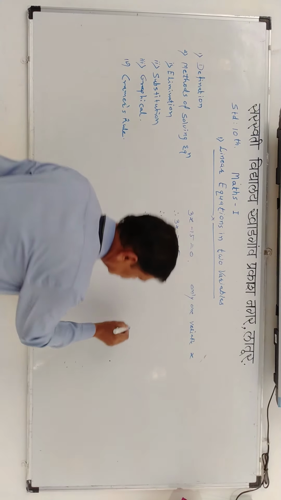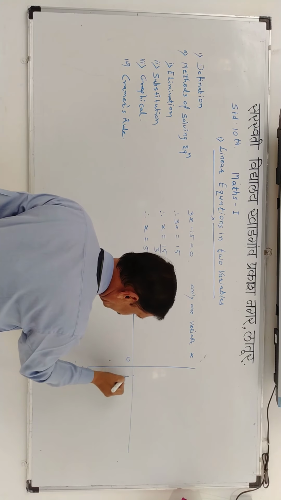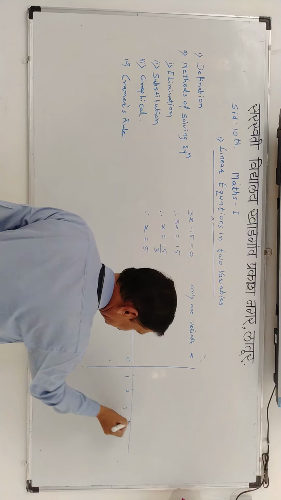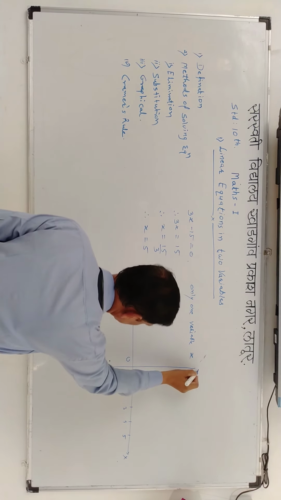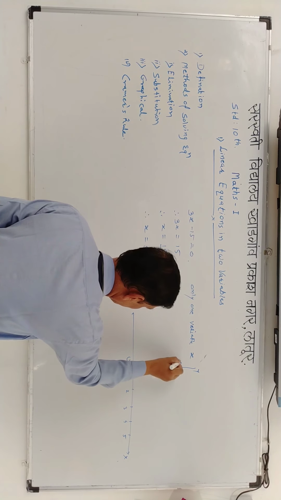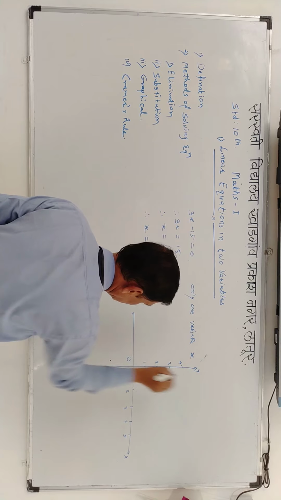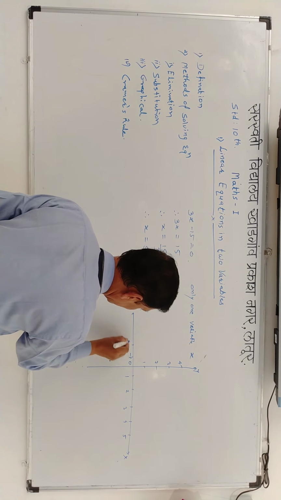Suppose this is the 0, 1, 2, 3, 4 and 5 on the x-axis, and on the y-axis 1, 2, 3, 4 and so on, and minus 1, minus 2.